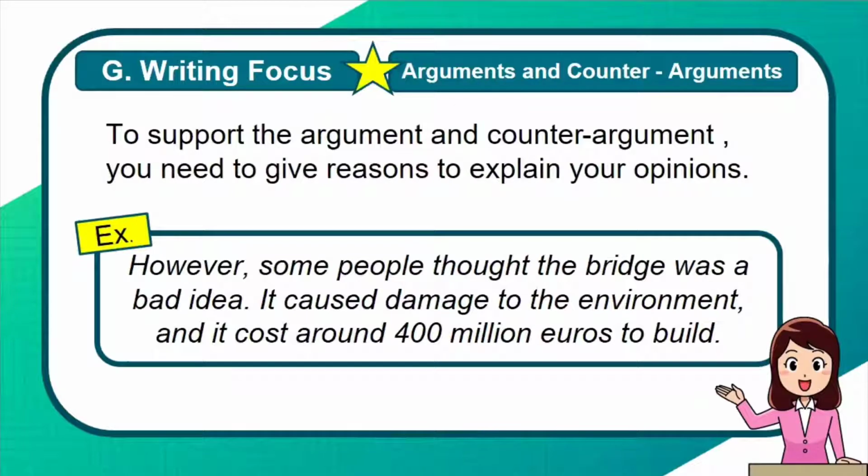That is your opinion. But of course, we need to give reasons also to explain your opinions. So the second sentence, it caused damage to the environment, and it cost around 400 million euros to build, is the reason why you can say that it is bad.